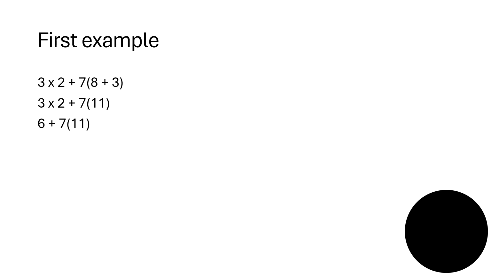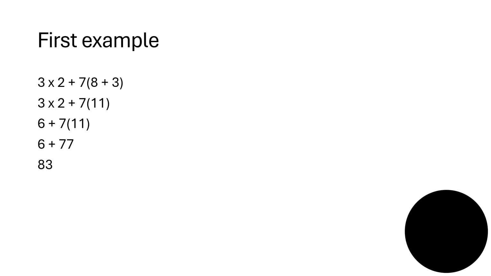So then we go from left to right, because we don't see an exponent, but we do see multiplication. And so we do 3 times 2, that's 6, and then we can do the 7 times 11, which is 77. And so now we have 6 plus 77, and that is 83.